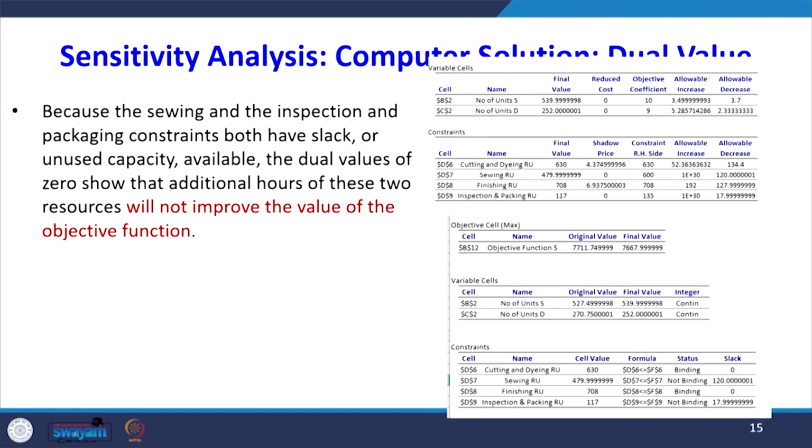These two departments already have unutilized resources, so adding extra resources in those two departments is of no use. That is the meaning of this. For a non-binding constraint with positive slack, adding any extra resources for that constraint will not improve our objective function value.